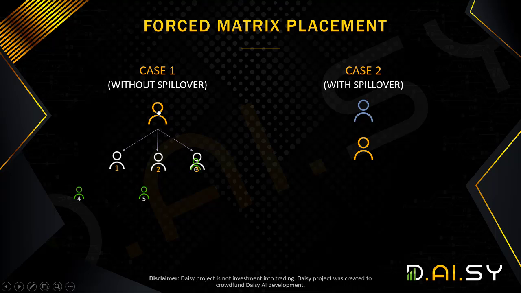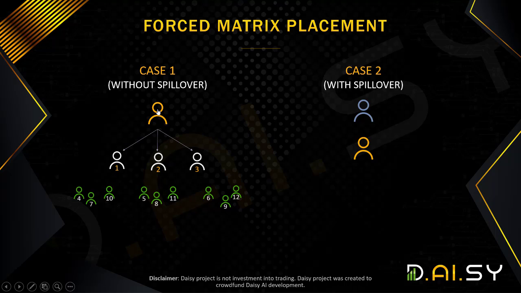And the 6th person goes to the left-hand side of the 3rd person in my first row. And then when I bring in somebody else, it goes to the middle position of the 1st person in my first row. Then the middle position of the 2nd person, the middle position of the 3rd person. And then when I bring in other people, it goes to the right-hand positions of each person in my first row. And in that way, I fill up the matrix.